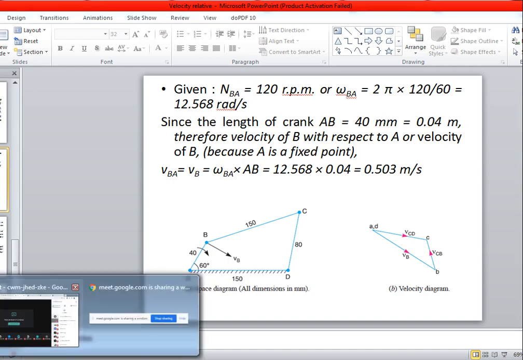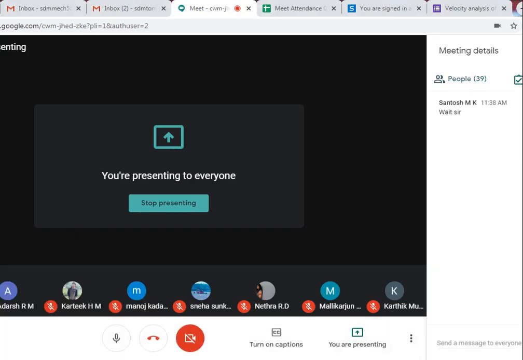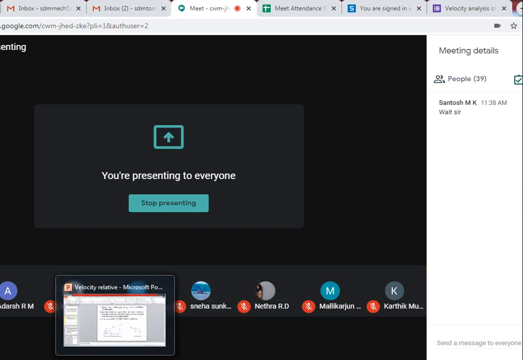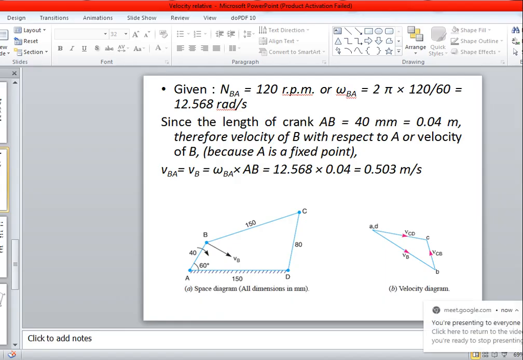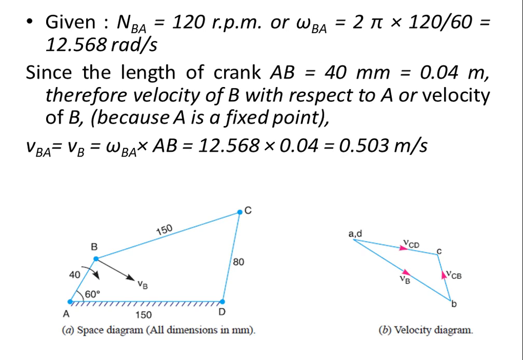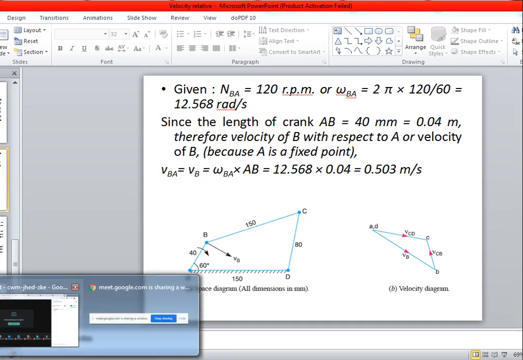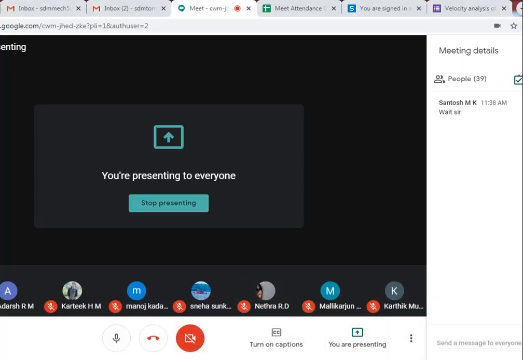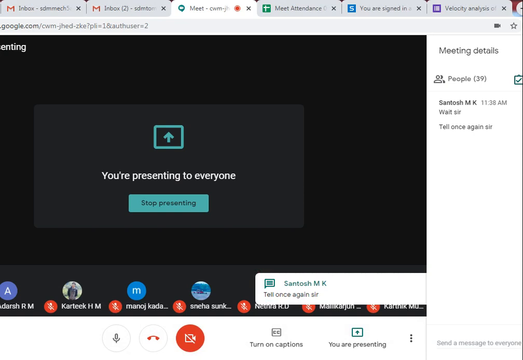One of you is telling me to wait. Okay, I'll wait then. Santosh, if there is any problem, you tell me, otherwise I'll wait. Anyone having any problem in construction? You understood the method of how to draw it? Tell yes or no. Manoj, yes.